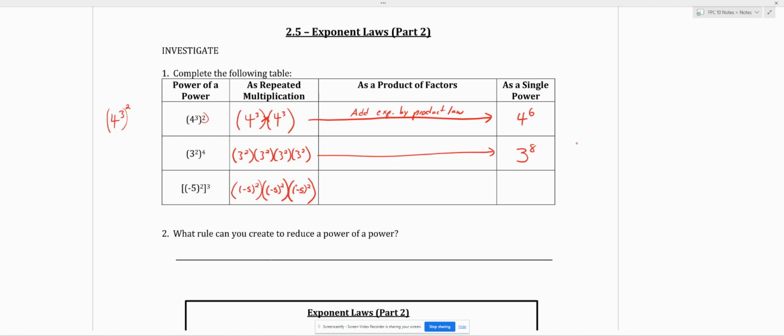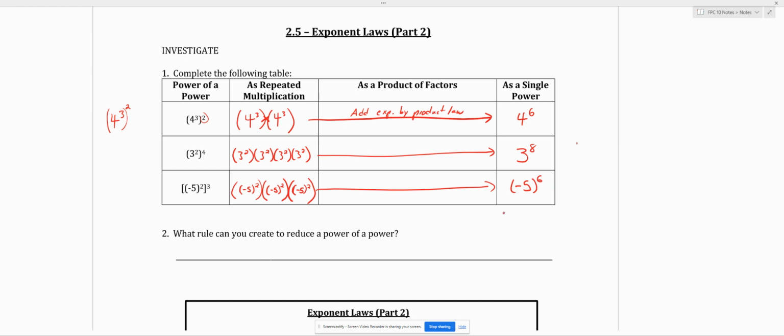Try to make that clear that these are brackets. It almost looked like it was a 1 there. But negative 5 to the 2 being multiplied 3 times.